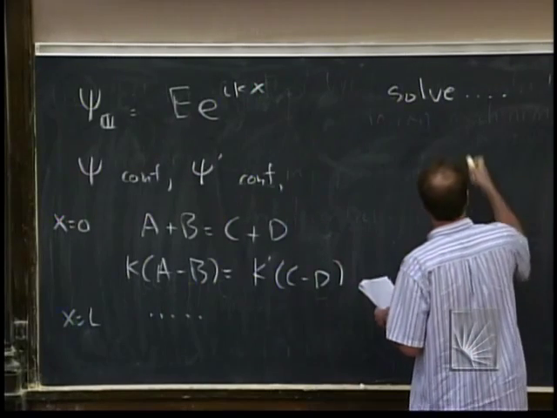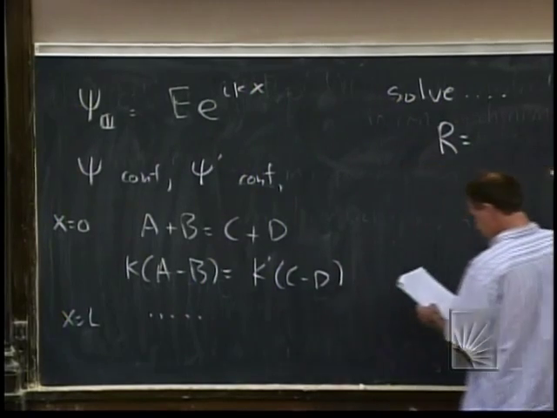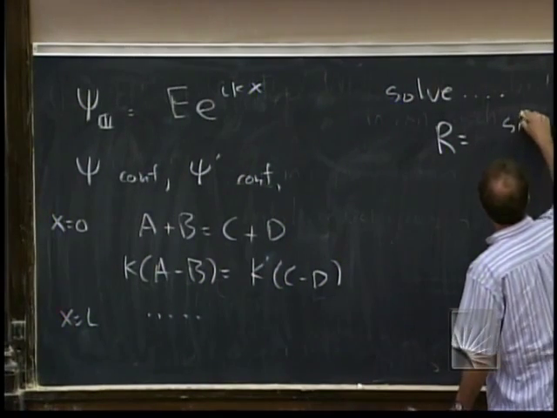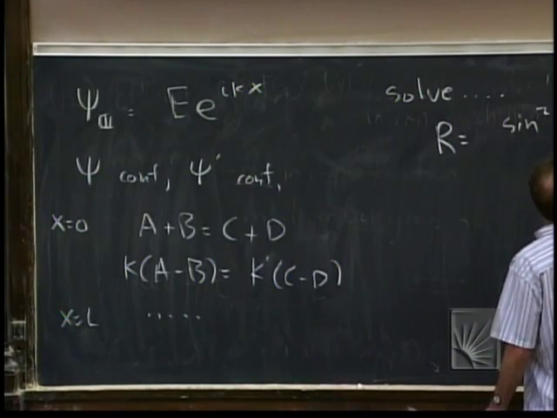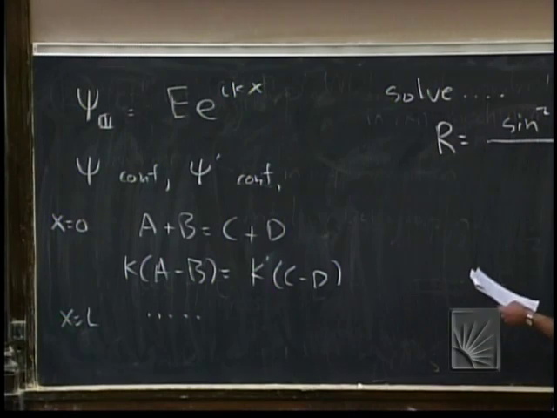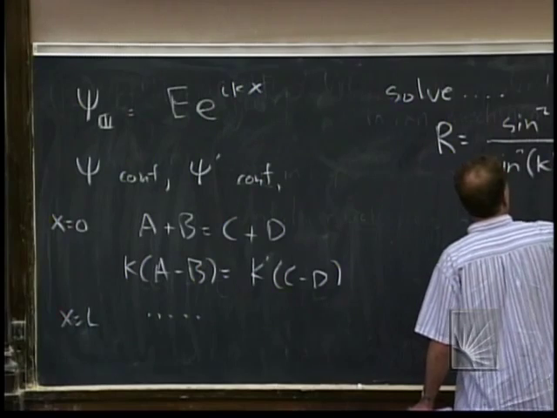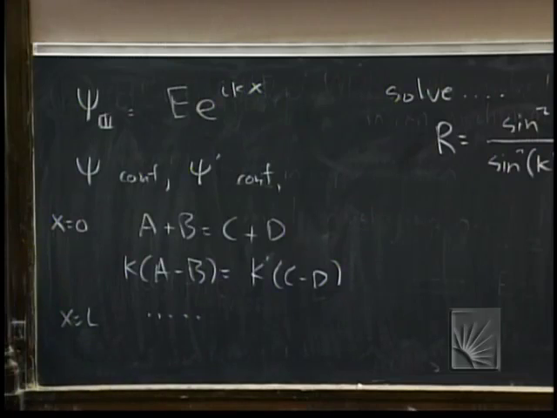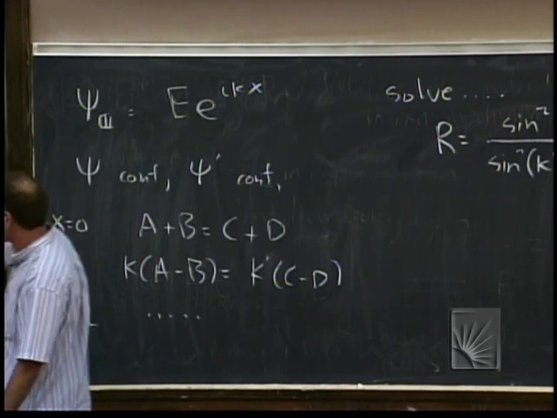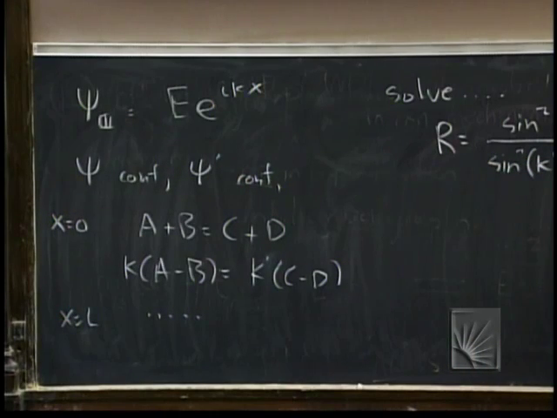I work, and then I get, I've splintered my chalk, R equals sine squared K prime L over sine squared K prime L. That's going to come from this boundary: C e to the i K prime L plus D e to the minus i K prime L equals other stuff. And then there's another term here.